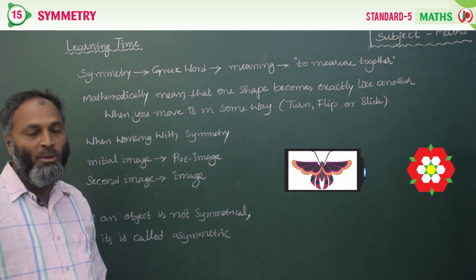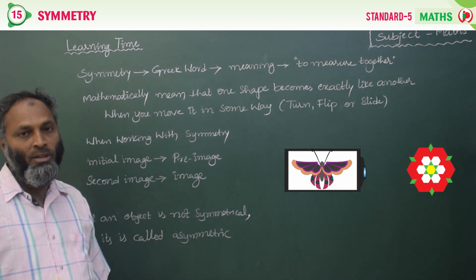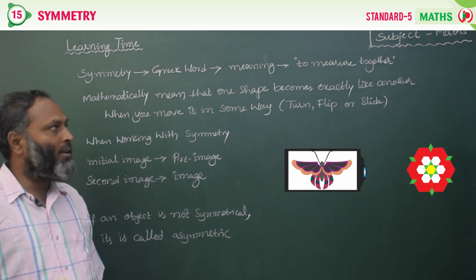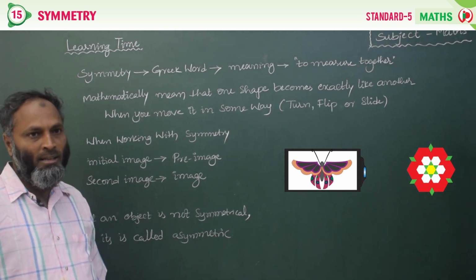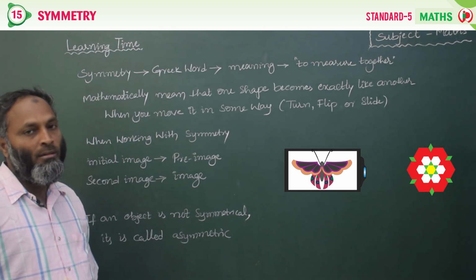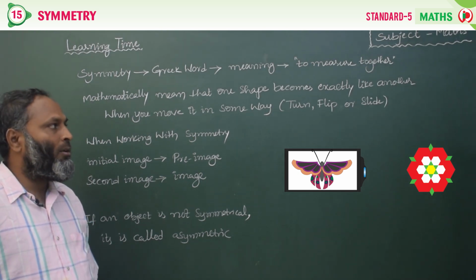So what is symmetry? Mathematically, symmetry means that something looks exactly like another, so they should be the same shape and size. According to the Greek meaning, it is "to measure together."